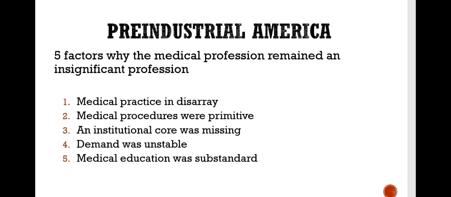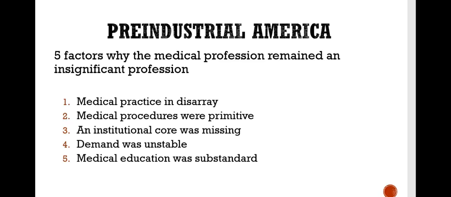So here we are at the slide that looks into the factors of why the medical profession remained an insignificant profession. Medical practice was in disarray. It was unorganized. The medical procedures were very primitive. In the following slides, we're going to be going through some of those things.